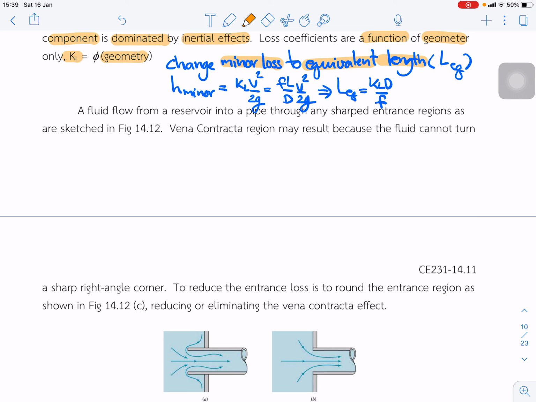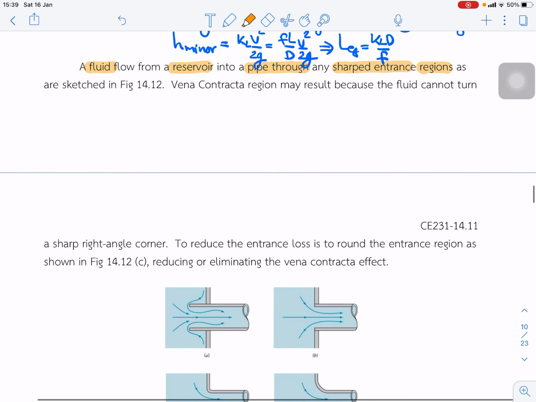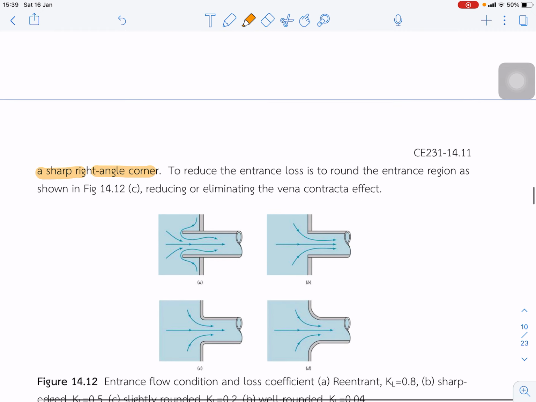A fluid flows from a reservoir into the pipe through a sharp entrance region as shown in the below figure. We expect that there is the vena contracta region because the fluid cannot turn a sharp right angle corner. To reduce the entrance loss we have to round the entrance region as shown in the figure to reduce the vena contracta effect.